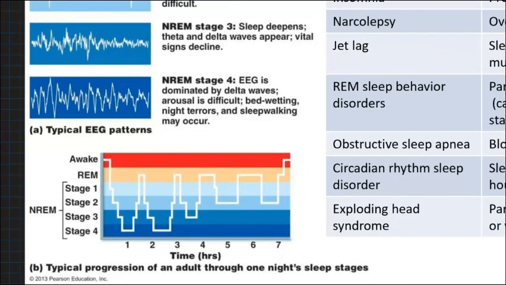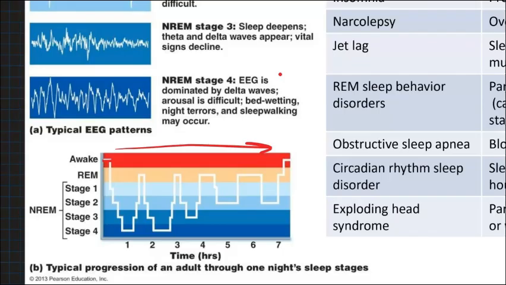So this graph at the bottom, I instinctively don't like it, but let's break down what is going on here, okay? So if you look at this graph, the horizontal line shows you sleeping.